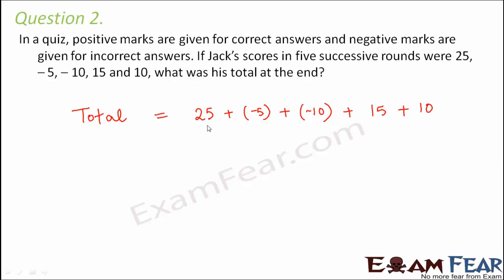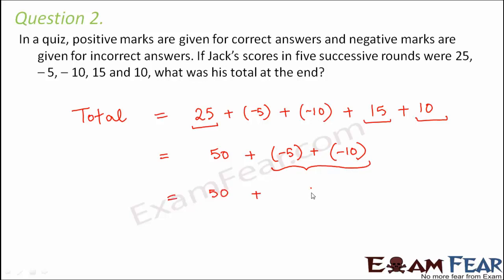In order to simplify this addition, let us first add all the positive numbers. 25 plus 15 gives 40, plus 10 gives 50. So all these positive numbers add together to give 50, plus minus 5 plus minus 10. Let us now add the two negative integers. How do we add two negative integers?